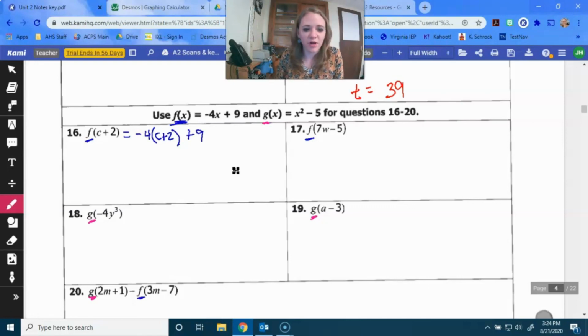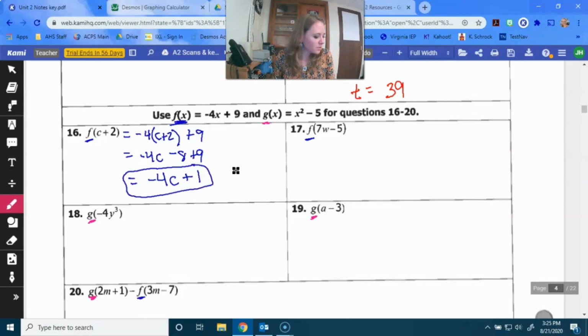So these are going to simplify out to be expressions, so not numbers. Negative 4c minus 8 plus 9, of course, combine like terms, and negative 8 plus 9 is plus 1. So that's your answer for that one. So not too bad. Your answers will just most likely have some variables in them.